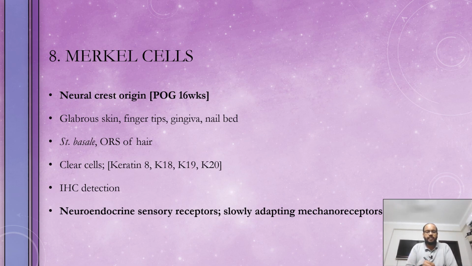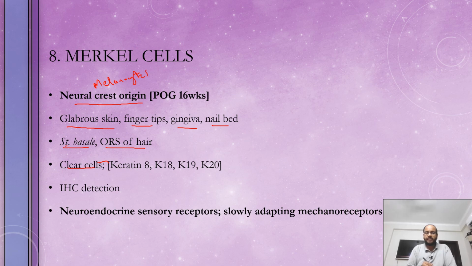Now, Merkel cells are also neural crest in origin, the same as melanocytes. Remember, a few weeks back we discussed how melanocytes travel from neural crest to reach the skin. They are more commonly in the glabrous skin, that means palms and soles, fingertips, gingiva, nail bed. They are found at the level of stratum basale and the outer root sheath cell of hair.